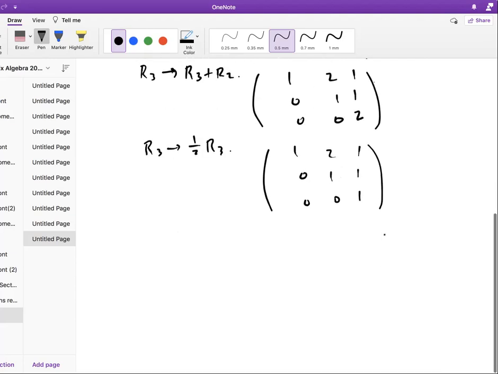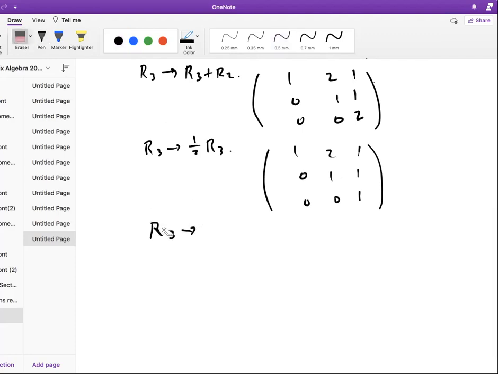Okay. So now we're eliminating upwards, right, for reduced row echelon. So now what? Yep, row 2 minus row 3, and then what's another one you can do simultaneously?